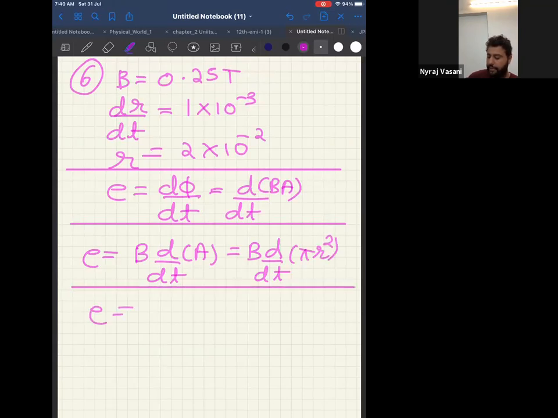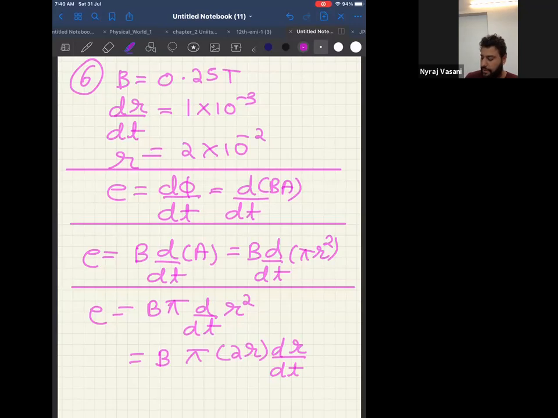Therefore, E is equal to B outside pi outside d by dt of r square. Differentiation of r square is 2r into dr by dt.